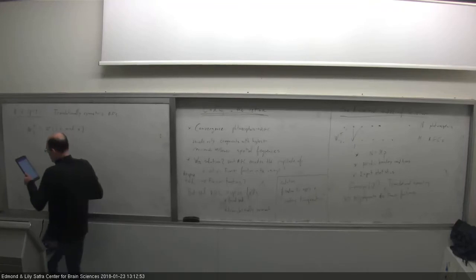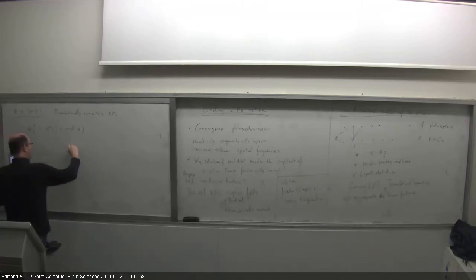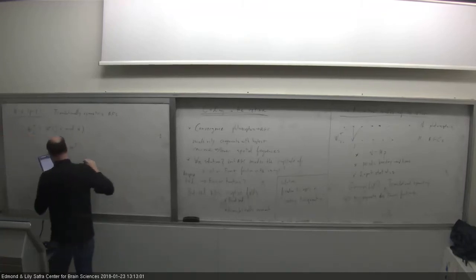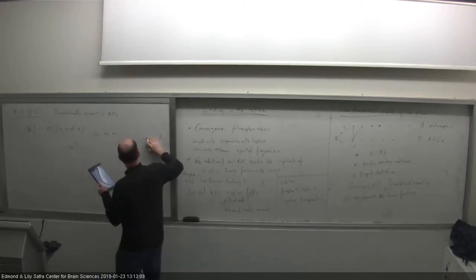Now, what does that mean? It means that the weight matrix has the following structure: W0, W1, W2, up to W_{n-1}.